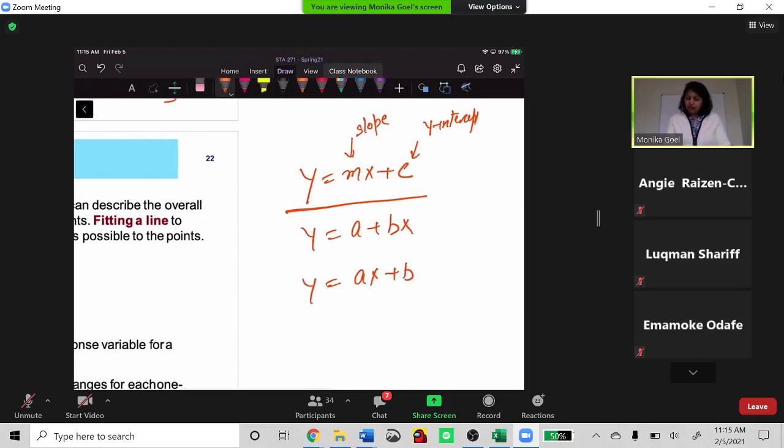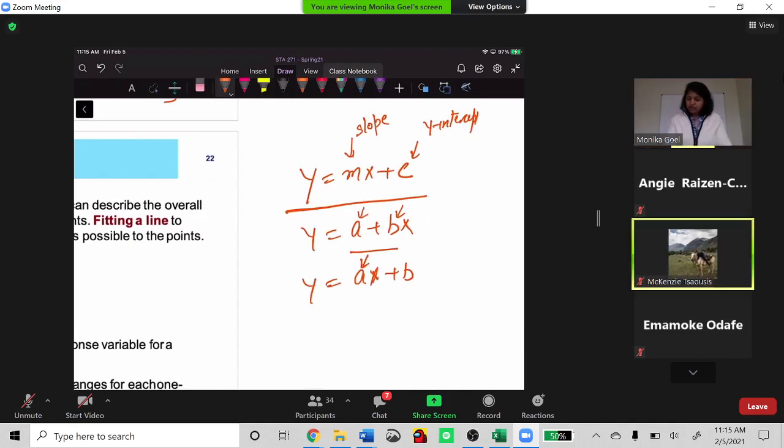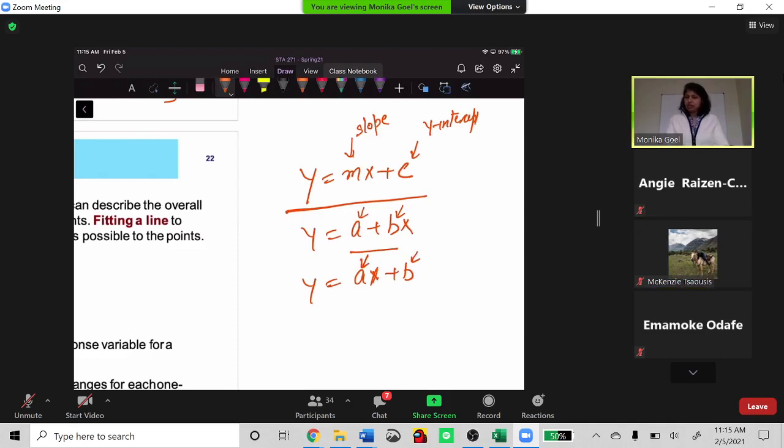Same thing if I'm looking at this one, my slope is b and a is my y-intercept, and here this is x. So my slope is a and b is the y-intercept. We are using the same concept, but since we have learned different notations, we are changing it a little bit. But again, that is just for you to understand. You can use any of these.